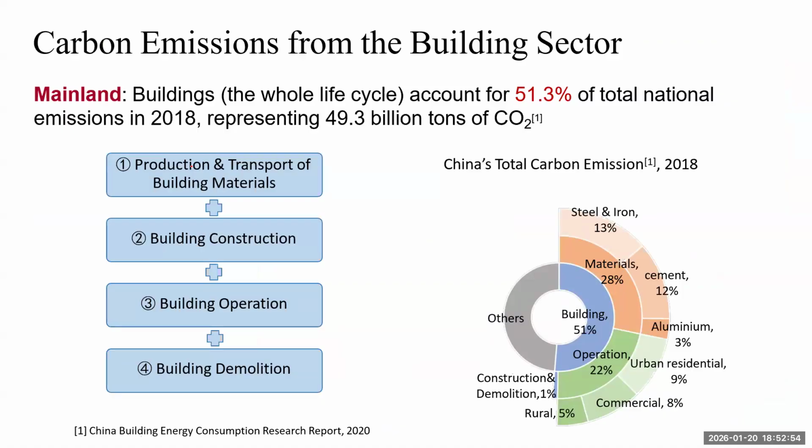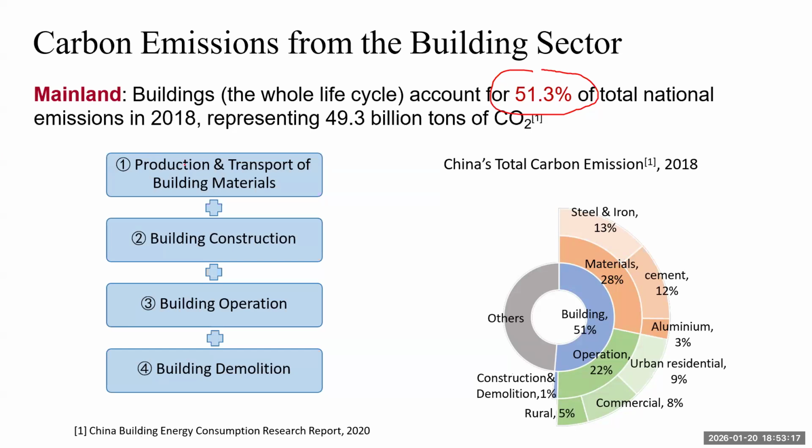And then we can see for mainland China, we have looked at the figures several years ago. In fact, our buildings in their whole life cycle account for around 41.3% of total national carbon emissions.